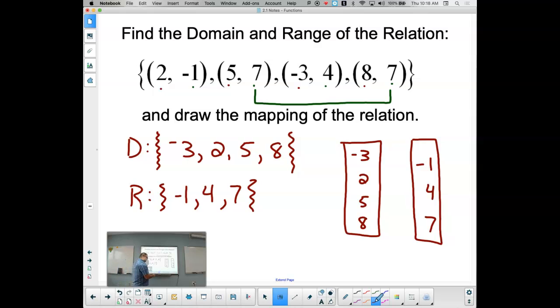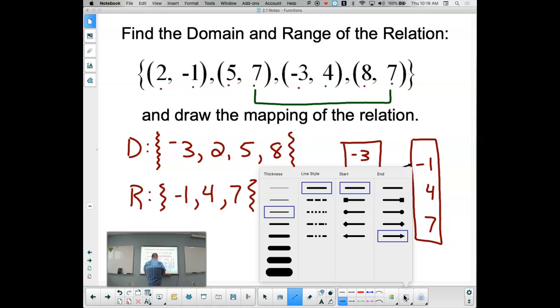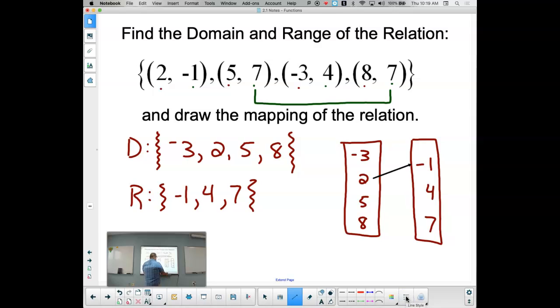And so now I just need to connect the dots, or connect the arrow, so 2 goes to -1. So there's one. We should probably make that a little bigger. And 5 goes to 7. And -3 goes to 4.